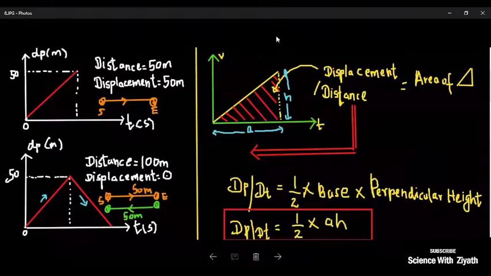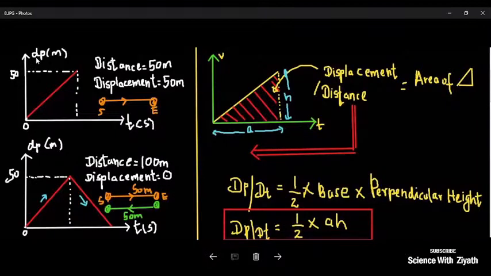Lots of people are confused about this. Look, I have put two graphs here in the same view, right?